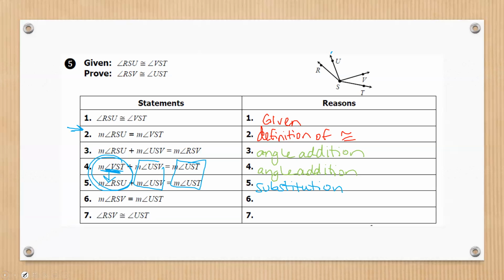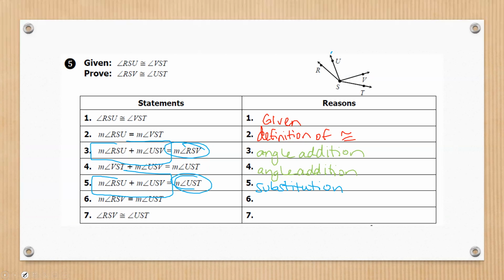All right, nice. Now, let me get rid of all this blue. Now it says angle RSV is equal to UST. Well, see, here's RSU plus USV. RSU plus USV, these are the same, which means these are the same.